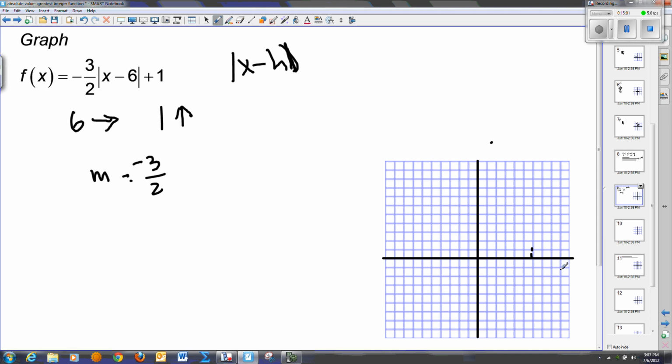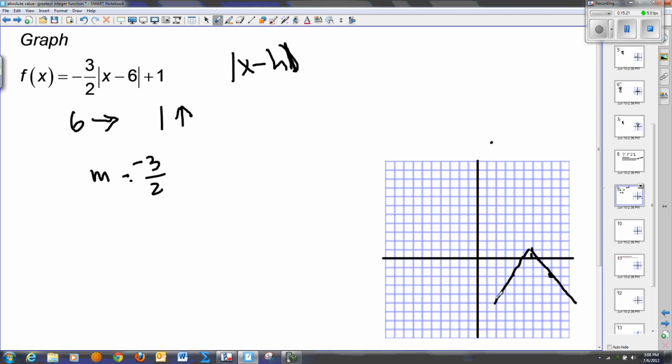From that vertex, if I go down 3, 1, 2, 3 over 2, I'm claiming I'm going to get another point on this graph. And if I do it on the other side symmetrically, I will get my V shape.